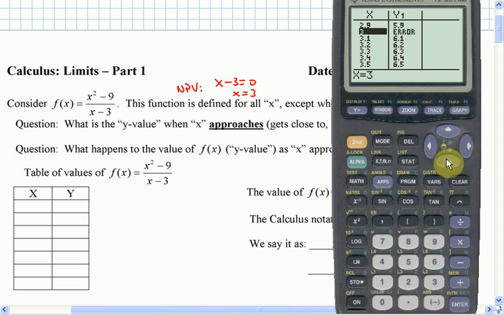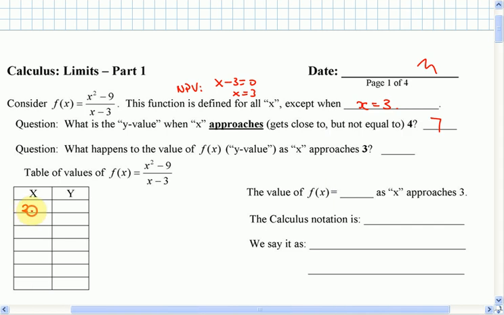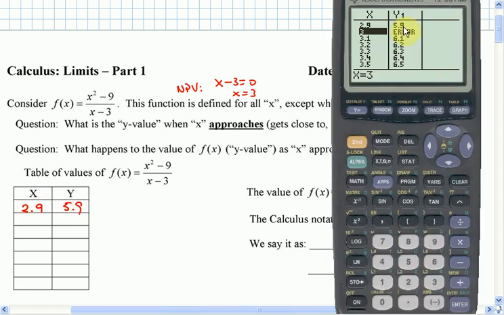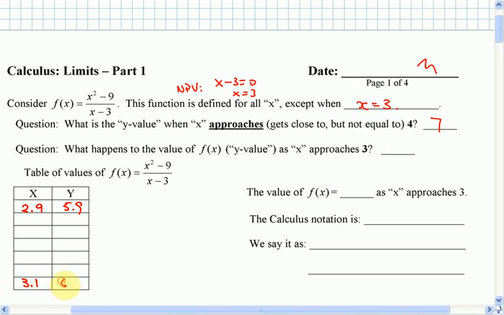But what happens when it gets closer and closer to 3? So what I'd like us to do is make a table of values, okay? We've got 2.9 already, so 2.9, and we know that's 5.9, right? We see that. And at 3.1, we know it's 6.1.